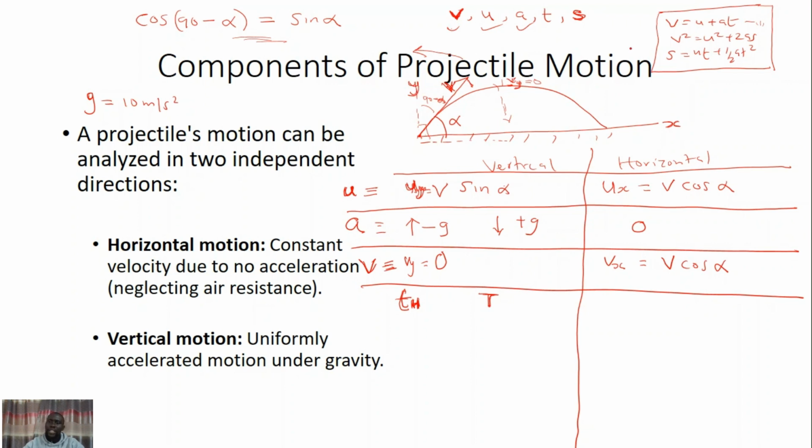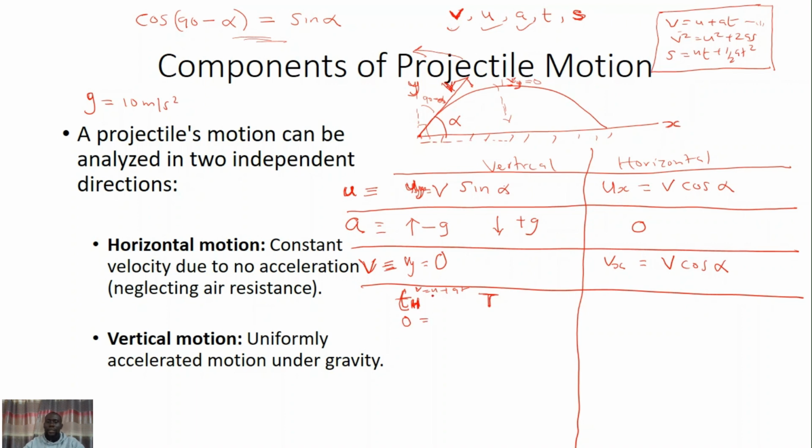In the vertical component, please take note, we are using this formula, v equals u plus at. And in the vertical component, v, the final velocity, is equal to 0.